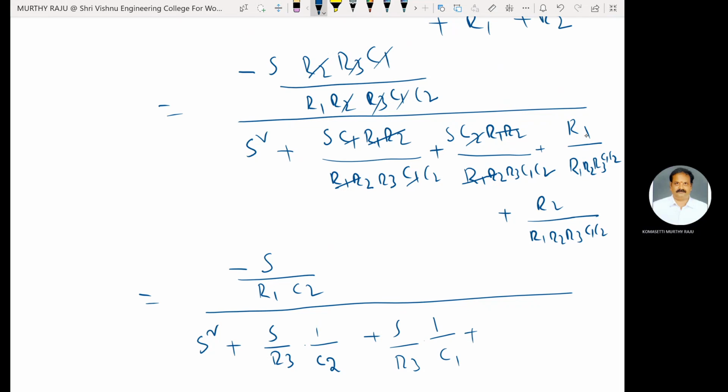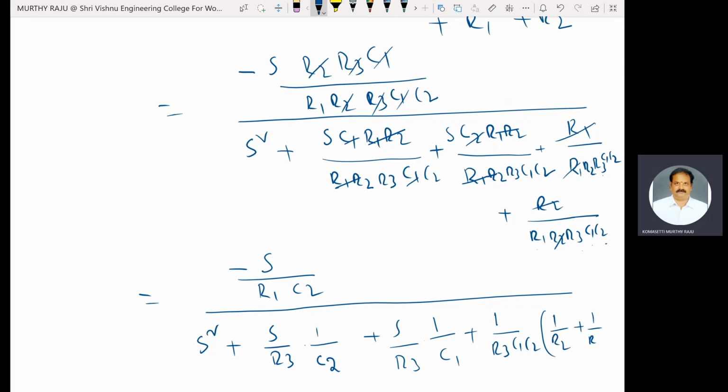Here R1 and R1 is cancelled. The remaining term is 1 by R3 C1 C2, since R2 is cancelled. R3 C1 C2 is the common term in both cases, that is in the 1 by R2 plus 1 by R1.